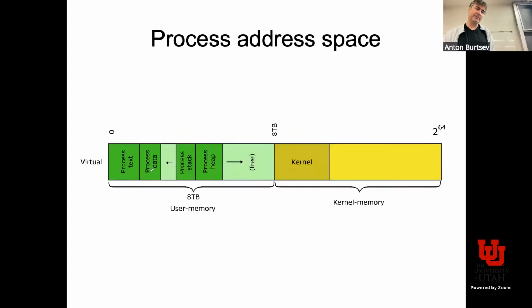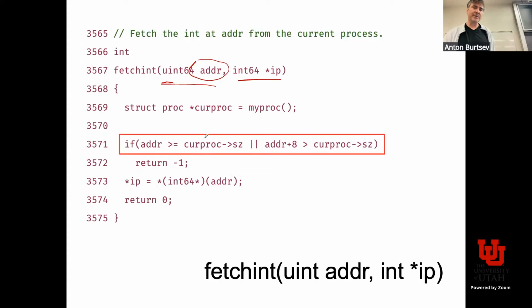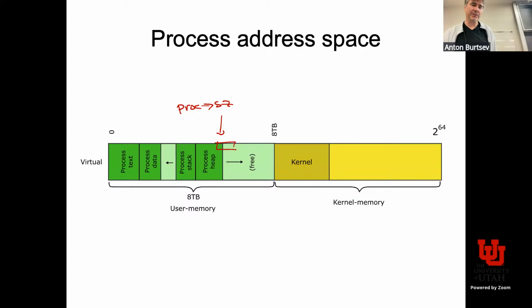When we create a process, and we will do it later today, we keep tracking the size of the user memory. This will be the size variable inside the proc data structure, right? And we say, look, for sure, if this address is above the current size of the user space, and user can be very, very funky, and it can pass the value which is on the edge, like the first byte, for example, within the address space, but the other 3 bytes will be outside.